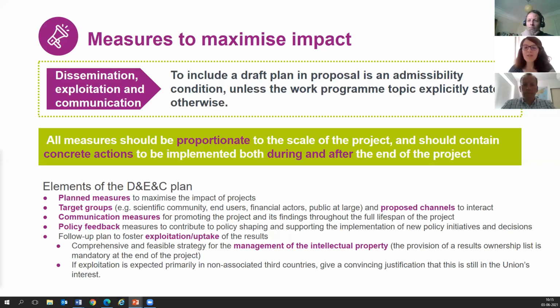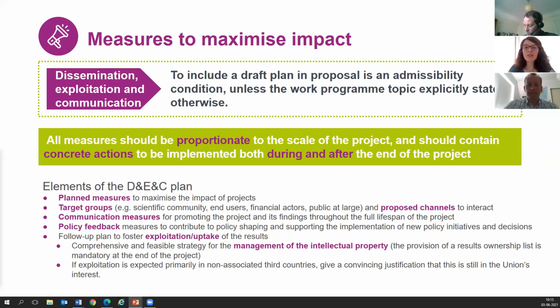But of course, you will address differently your potential end users or financial actors or the general public, the citizens, or eventually the politicians, if you want your project results to be transformed into new policies. So that will really depend on your target groups. We want to hear about who you plan to reach and how you want to reach them. What are the channels you want to use to interact with them?